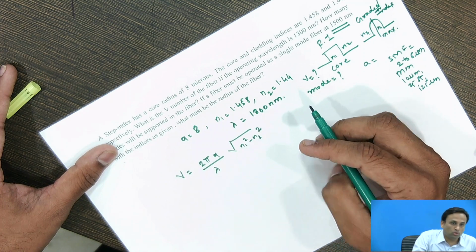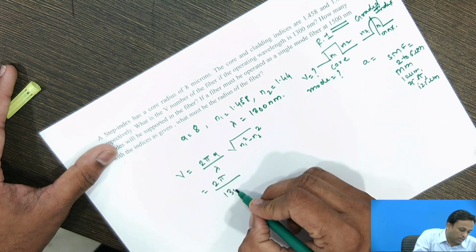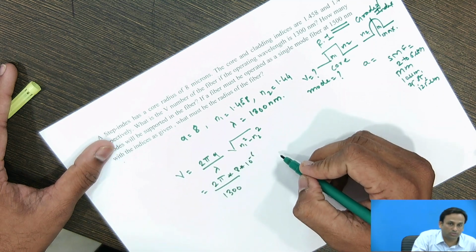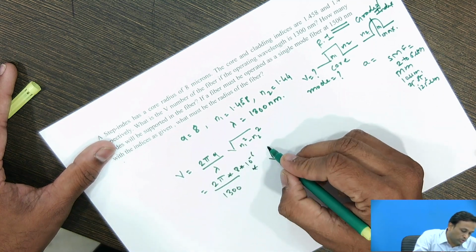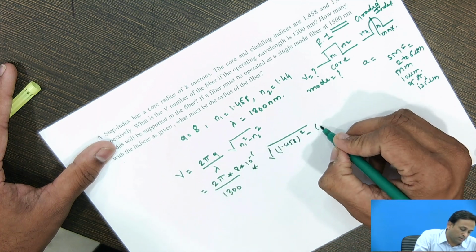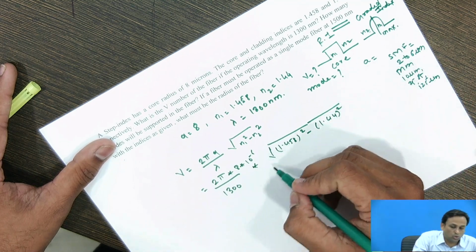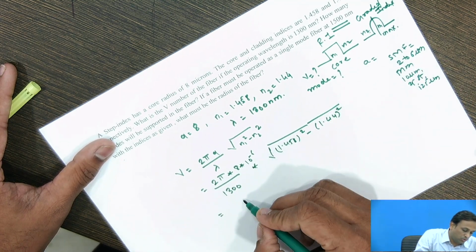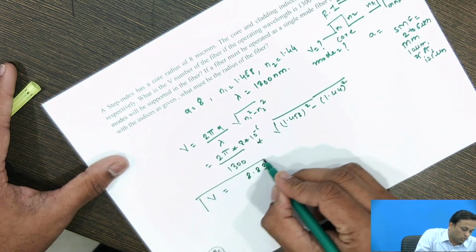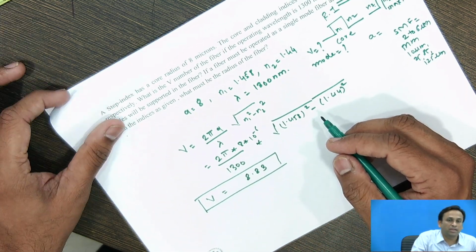So now substitute the values: lambda is 1300 nanometers, A is 8 times 10 raised to minus 6, and N1 is 1.458 square minus 1.44 square. If you solve this, you will get 8.83. V is unitless, so the normalized frequency V is equal to 8.83.